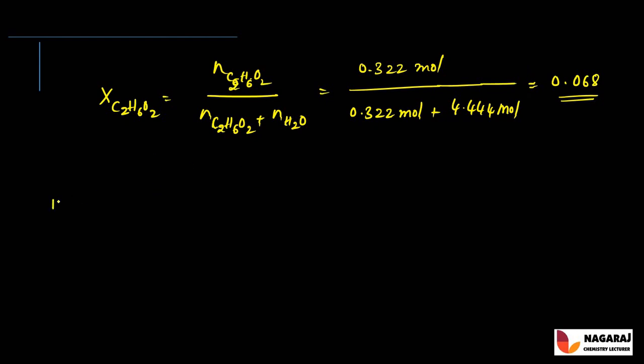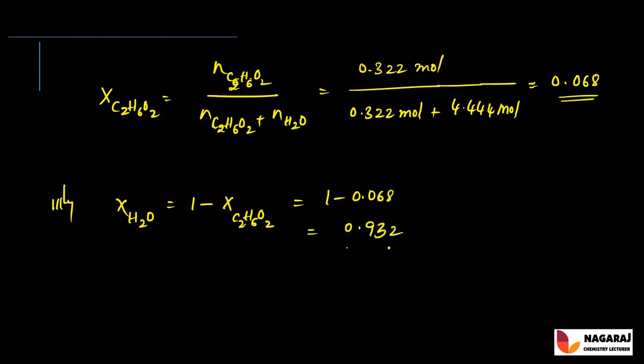Similarly, mole fraction of water is equal to 1 minus mole fraction of ethylene glycol C2H6O2, that is 1 minus 0.068, that is equal to 0.932.